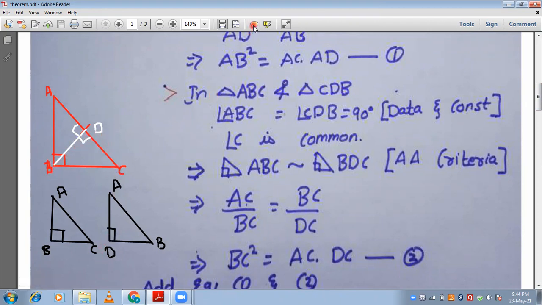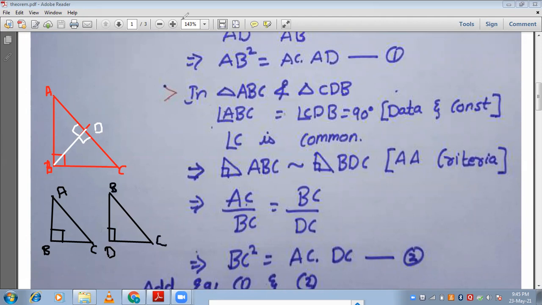Angle D is 90 degrees. Opposite to 90 degrees is the hypotenuse side. So which is the hypotenuse side for triangle BDC? BC is the hypotenuse side. Mark the points B and C.